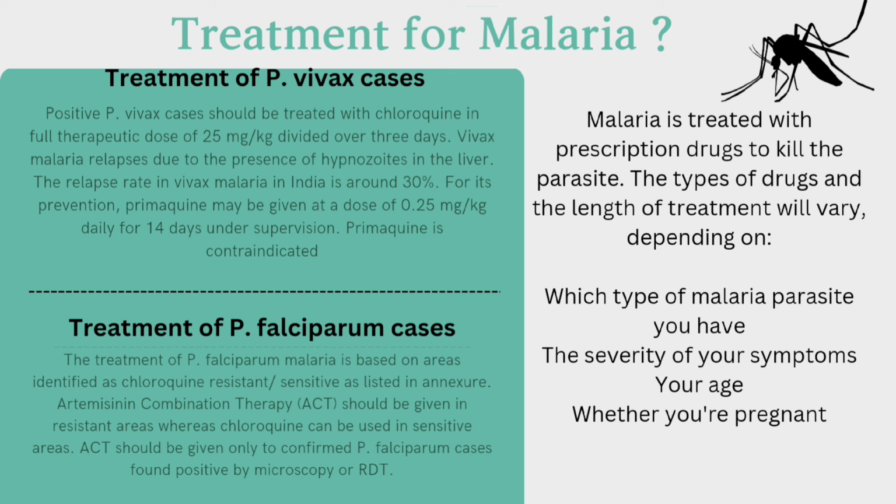The medication provided by the country you live in may be different. So if you want to go for the treatment, you need to consult your doctor, whether you live in India or outside India.